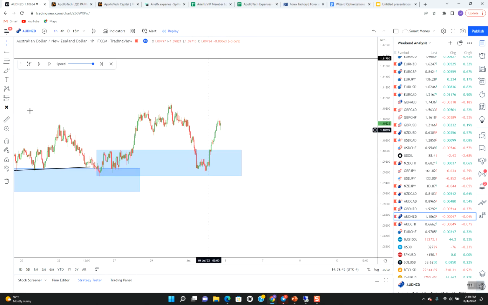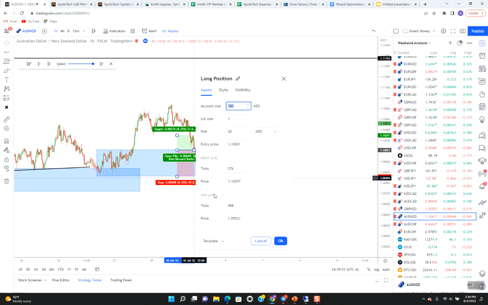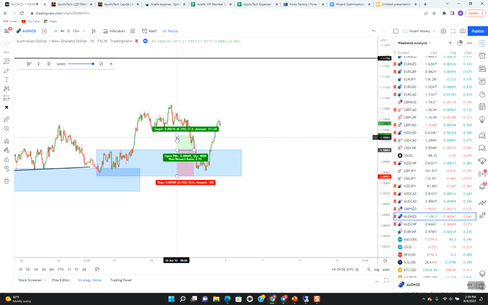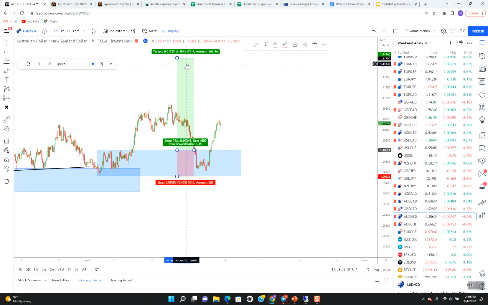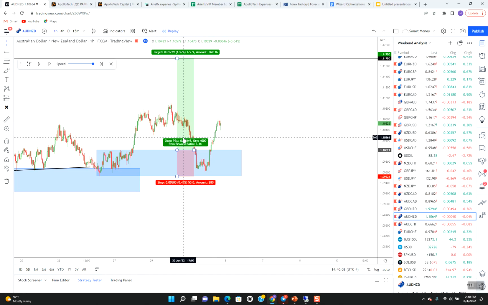So we continued. We pull our handy dandy risk to reward tool. Now I know this isn't the best risk to reward in the world, but it will do for now. This happened to be a 50 pips stop loss, and all the way up here, it did meet my rule of a 1 to 3 at least. It is a 1 to 3.46. We'll call it 1 to 3.45, just to round it off.